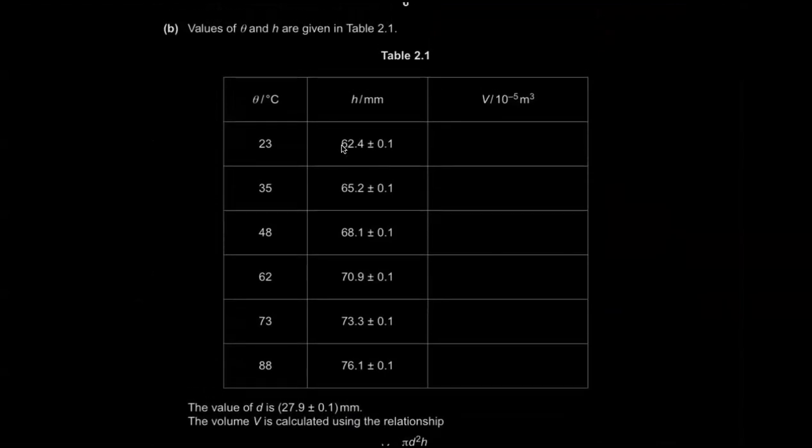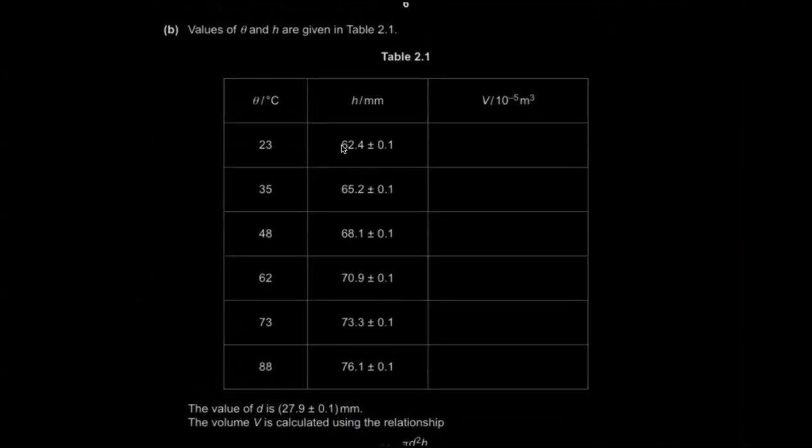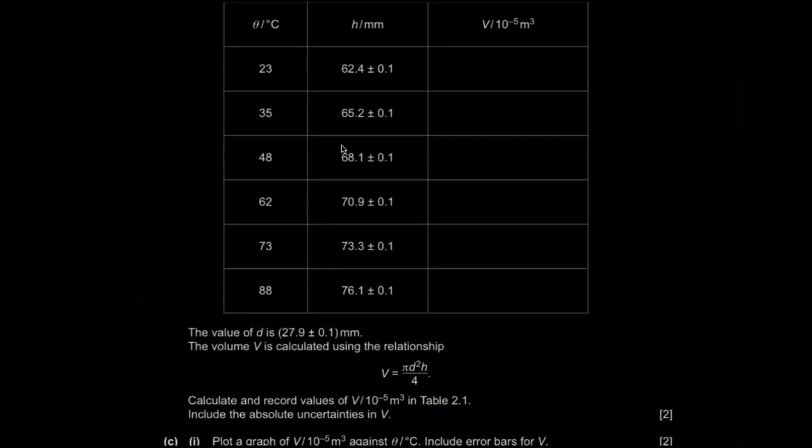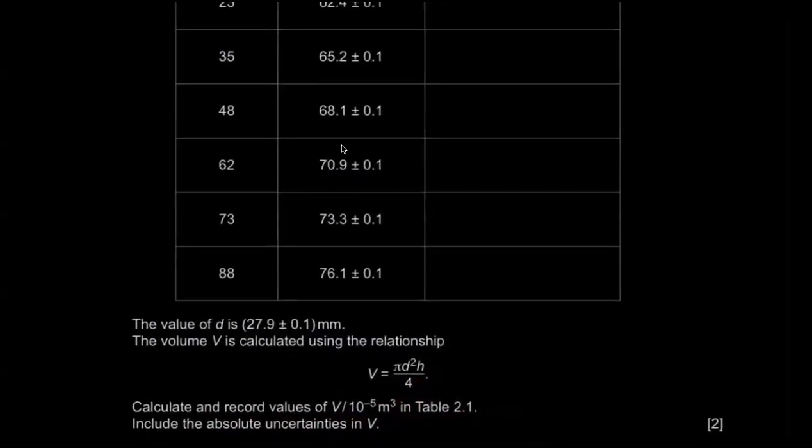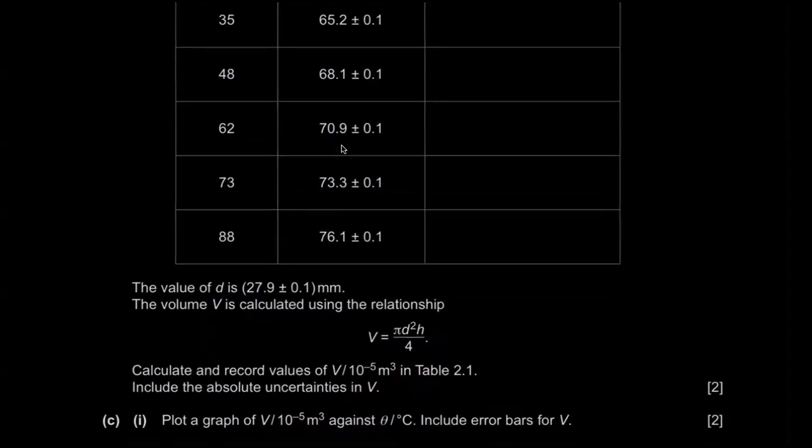So the value of D is 27.9 plus or minus 0.1 millimeters. Volume is calculated using pi D square H over 4. Calculate and record values of V, which is going to be in 10 to the negative 5 meter cube in table 2.1. Include the absolute uncertainties in V. Now for the absolute uncertainties, you have the formula method and you have the Maxwell method.